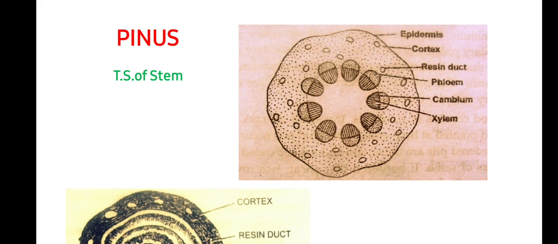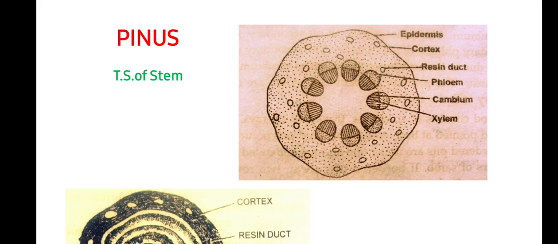Here each bundle has phloem outside, xylem inside, and a 2 to 3 cell thick cambium in between the phloem and the xylem. The protoxylem tracheids have spiral thickenings on their radial walls. Metaxylem tracheids' radial walls possess bordered pits.